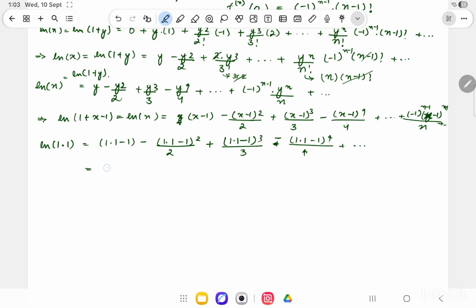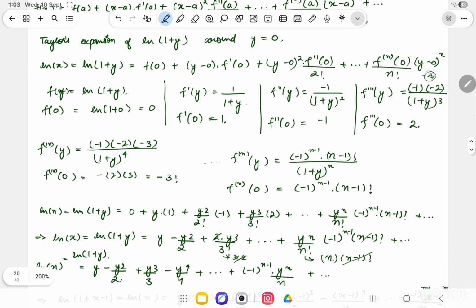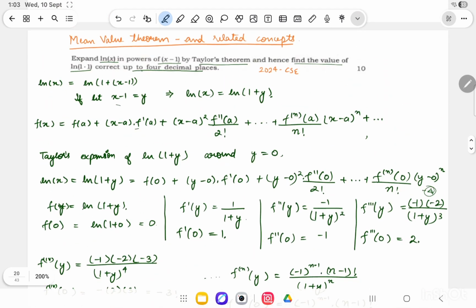So this will be equal to 0.1 minus 0.1 squared by 2 plus 0.1 cubed by 3 minus 0.1 to the 4 by 4 plus 0.1 to the 5 by 5, and so on. So we are supposed to find its value correct up to 4 decimal places.